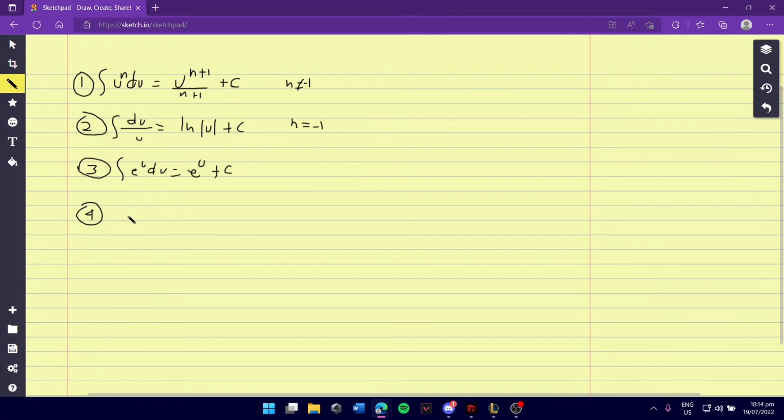The next formula is for a raised to u times du, which is equal to a raised to u over ln of a, sorry, my bad, then add our arbitrary constant. So these are the four formulas that we will use during this topic.